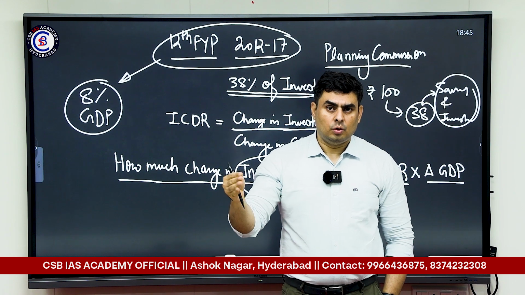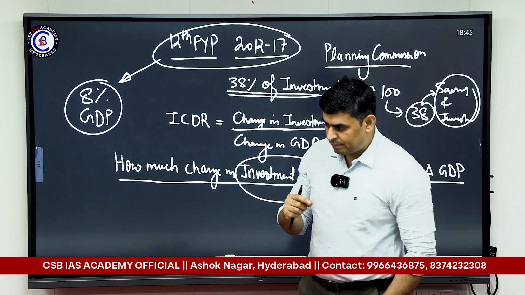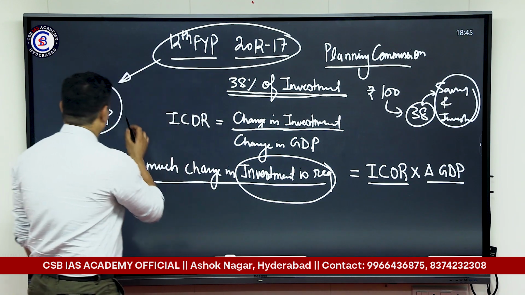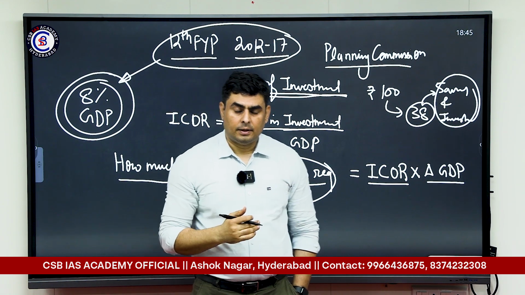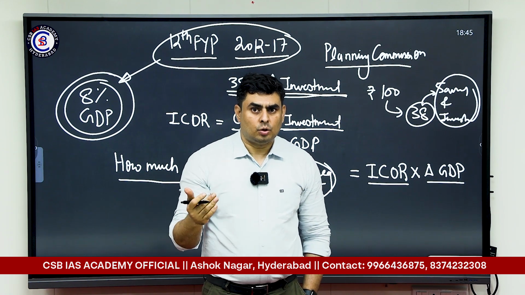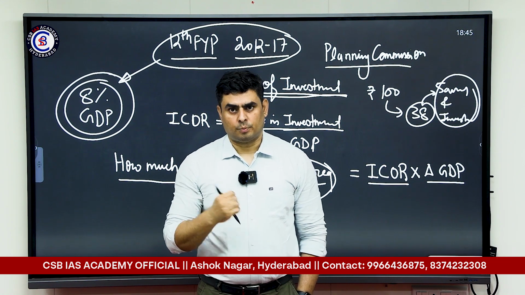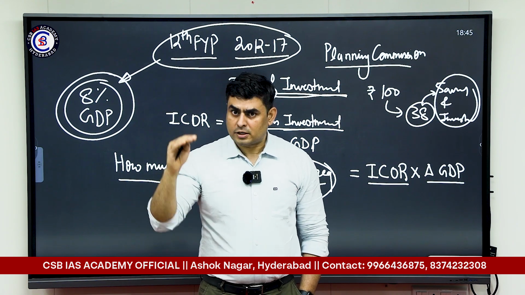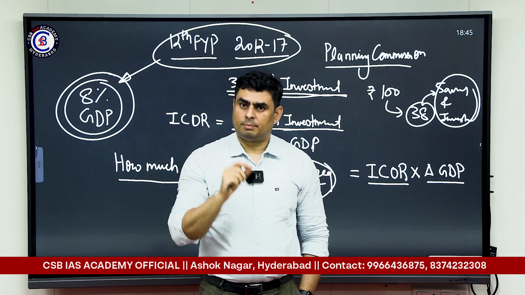If we are able to achieve an investment rate of 38%, then we can achieve a GDP growth rate of 8%. Actually, India was able to achieve an investment rate of 32%, and that is why the growth rate during that plan was much below 8%, averaging around 6.8 to 7%.